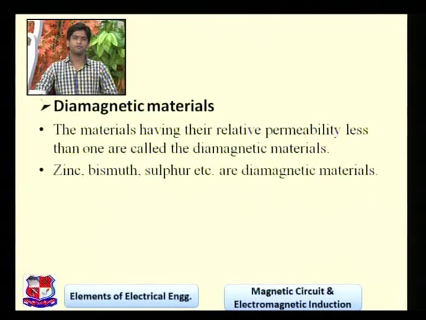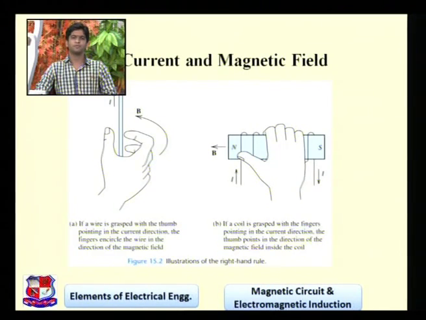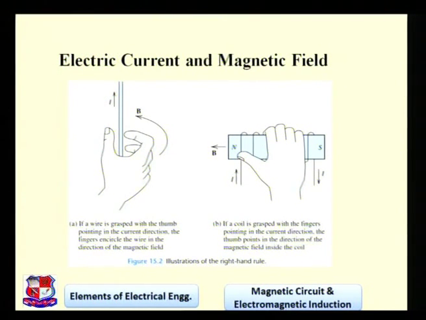The examples of diamagnetic materials are zinc, bismuth, sulfur, etc. Because the relative permeability of these materials is very low, these materials are actually repelled by a magnet. So basically there are three kinds of magnetic materials: ferromagnetic, diamagnetic and paramagnetic. And now we can find the difference between these three materials: the relative permeability will be high, and then less.